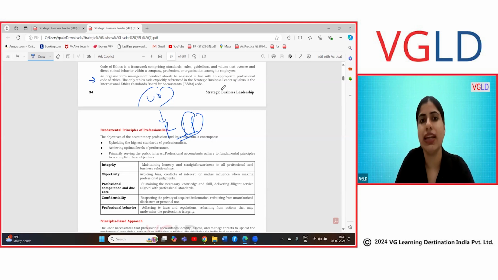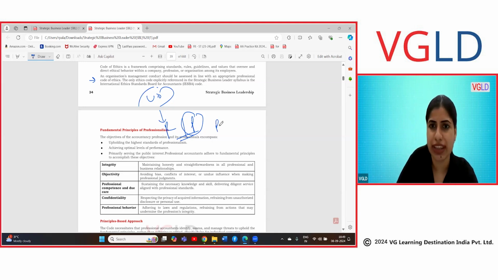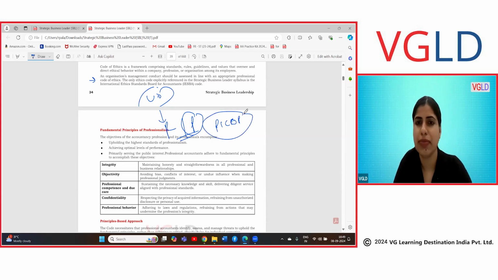Being an accountant, for being a good accountant, basically, we need to follow these fundamental principles of professionalism. And I have mentioned the mnemonic in the previous class as well. Remember?